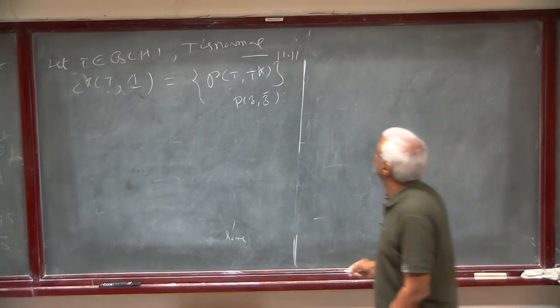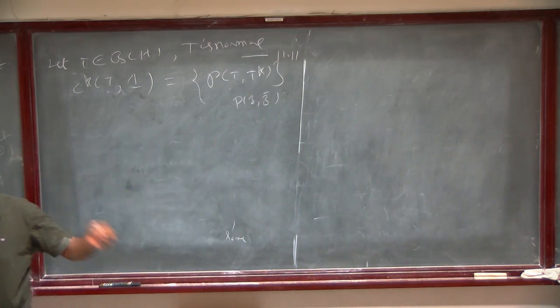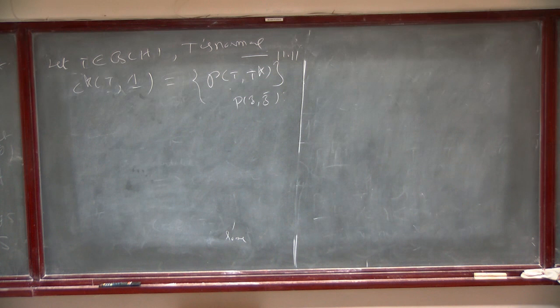Is that okay? So the C star algebra generated by a normal element, we always consider unital C star algebras, you take all polynomials in T and T star and just close it in the norm. That is the C star algebra generated.